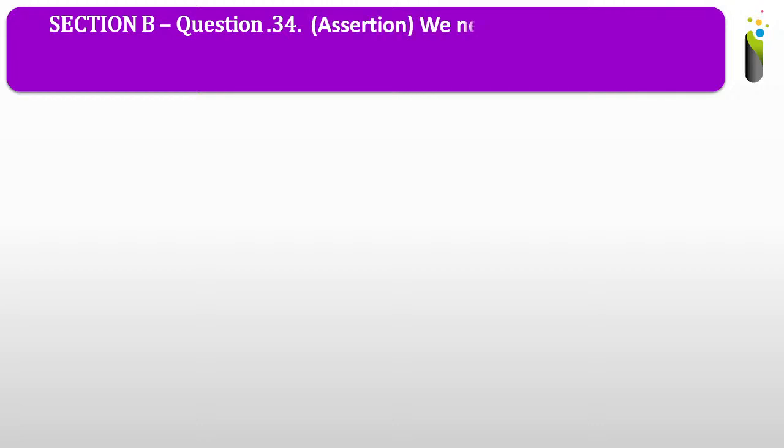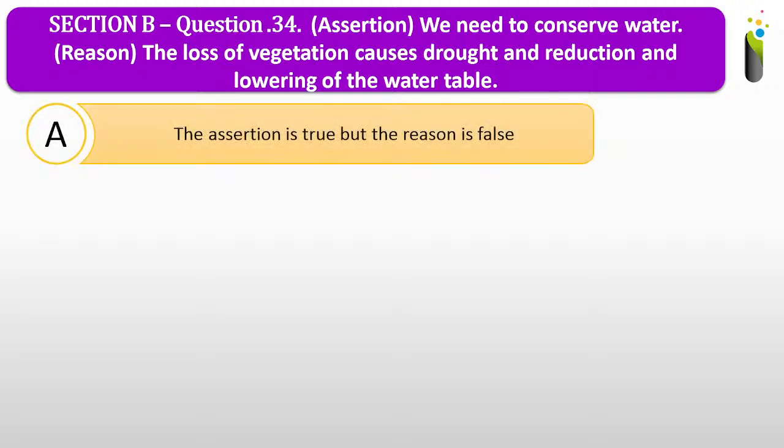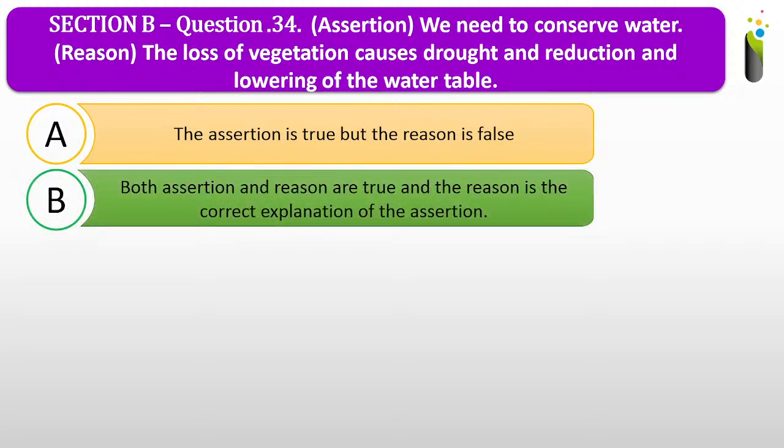Now question number 34, you have assertion. We need to conserve water. And the reason given is the loss of vegetation causes drought and reduction and lowering of the water table. And your options are A. The assertion is true, but the reason is false. B. Both assertion and reason are true, and the reason is the correct explanation of the assertion.